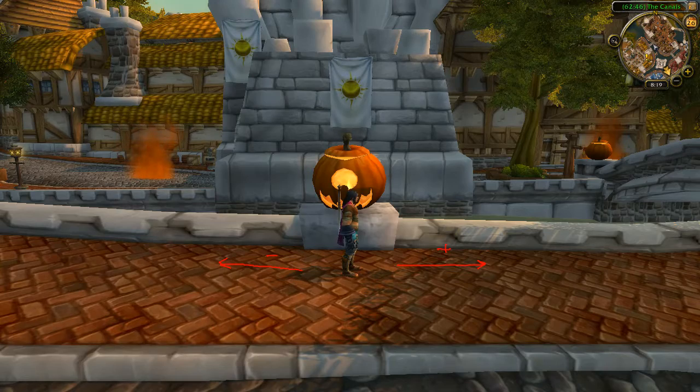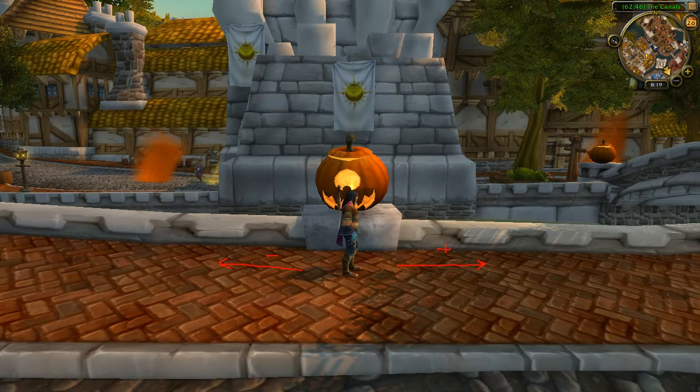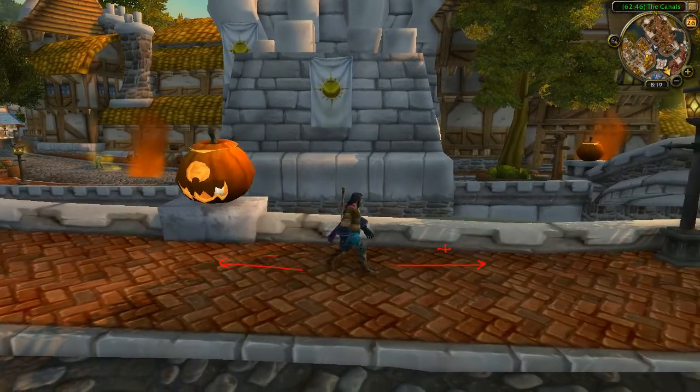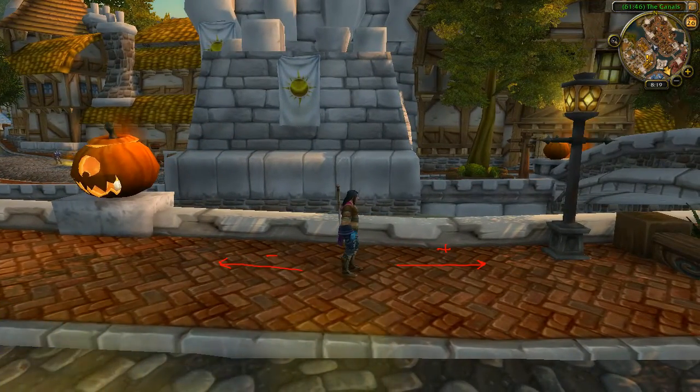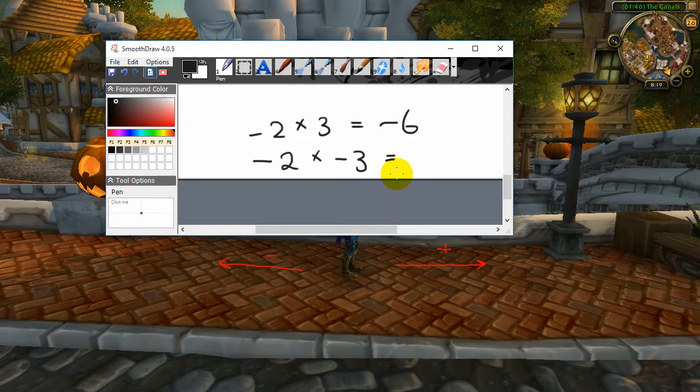Because I'm multiplying by -3, I will actually be going forwards 3 times with 2 steps. So 1, 2, 3, 4, 5, 6. So that's actually +6. Okay, I hope this tutorial helps you understand a bit of negative numbers.